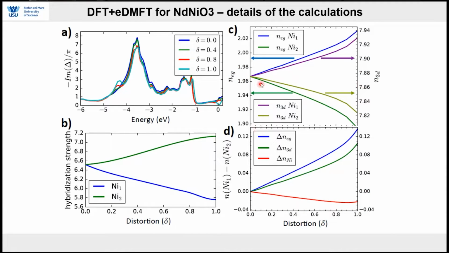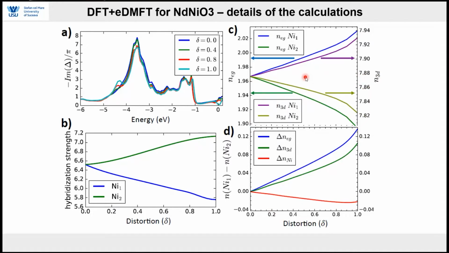Now, by going from the metallic to insulating, where I distort, one side becomes expanded, one contracted, I see a tiny difference of charge. And this tiny difference of charge is from 1.97 to 1.90, or if I look at the whole shell, from 7.87 to something like 7.82. Of course, now the question is at which charge do you look? Charge in this orbital, charge in all the orbitals.